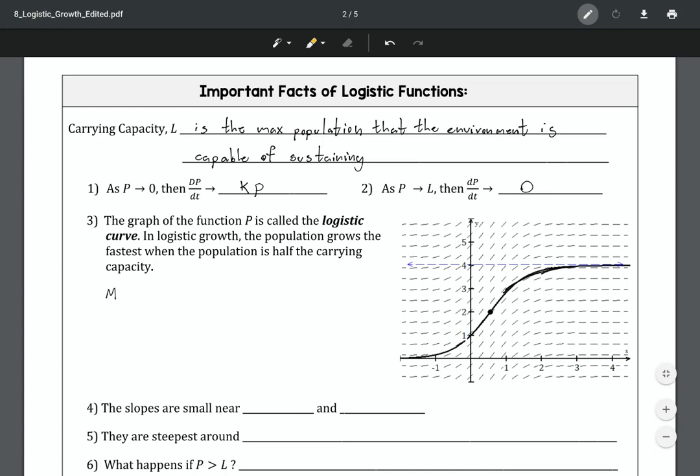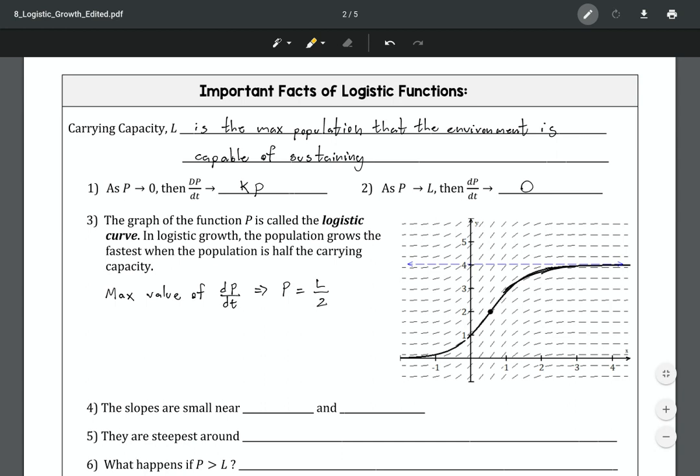All right, so again, what that means is that the max value, that means that's when the population is at half of the carrying capacity.